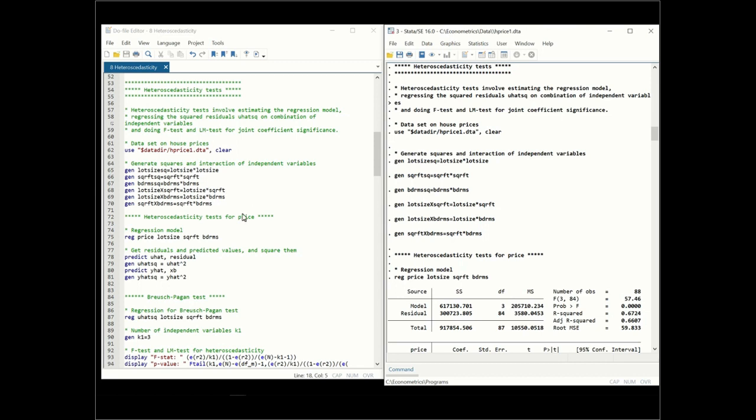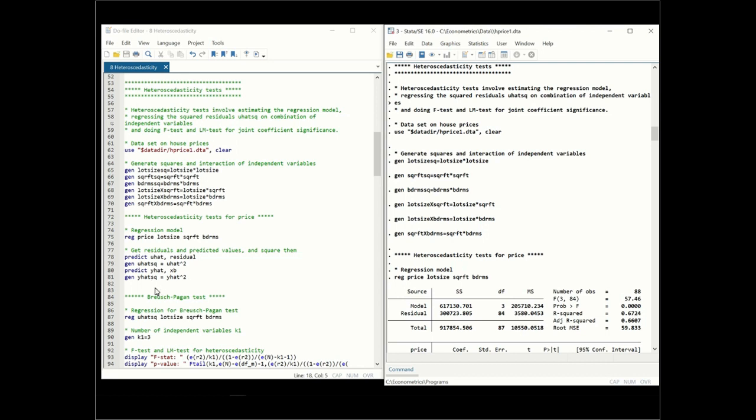So here we have heteroscedasticity tests for the model on price. We would be regressing the price on the three independent variables, and then we would predict the residual, and we would call this U hat. Then we would generate a variable called U hat squared, that is U hat to the power of 2.